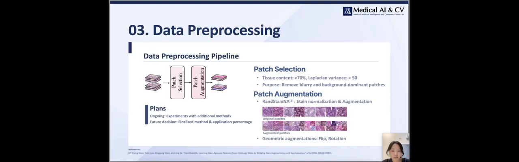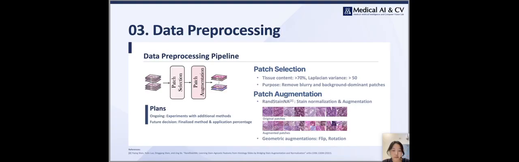We are experimenting with various augmentation methods to decide the best method that fits our model. First, our goal is to normalize the color variance over patches from different vendors. To mitigate this issue, we utilized the RandStainNA framework to efficiently apply stain normalization and stain augmentation.